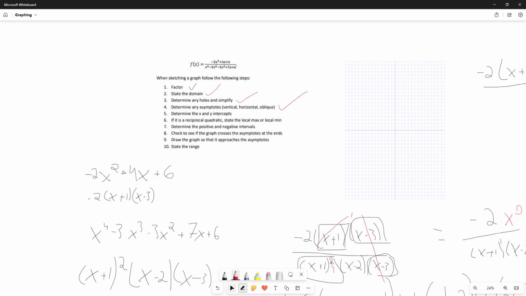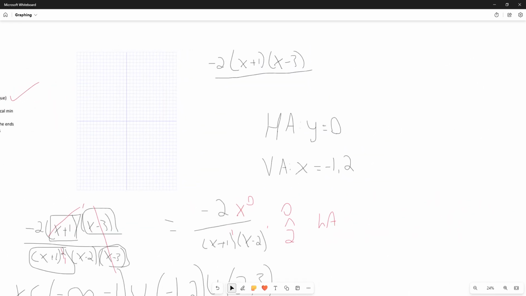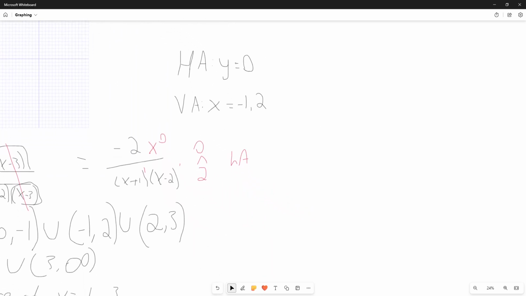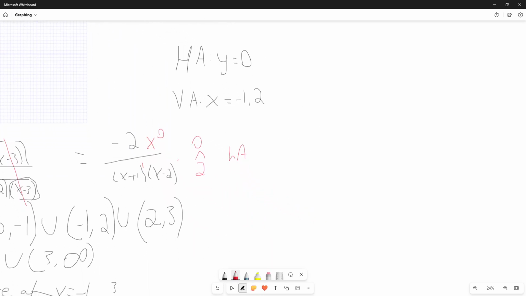Now determine the x and y intercepts. Let's start with x-intercepts. An x-intercept is whatever makes the top equal to 0. So -2 is the top, from here. And we can see here that nothing makes -2 equal 0, there's no variable over here, no x over there.